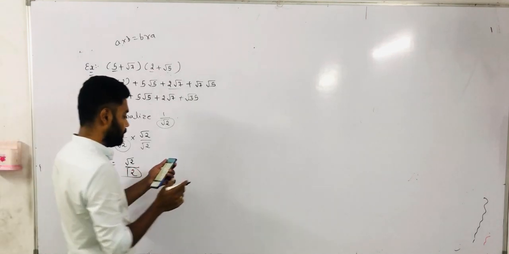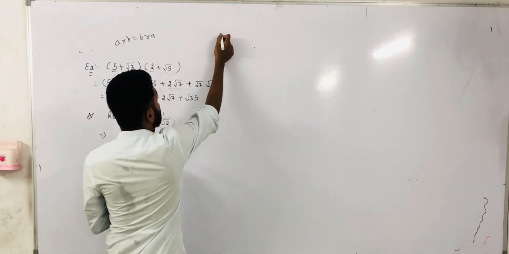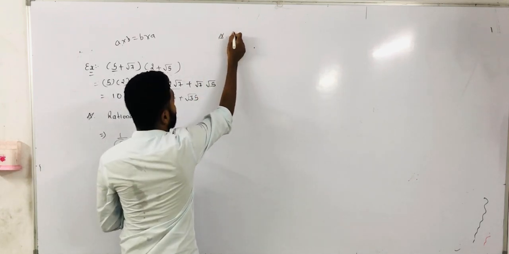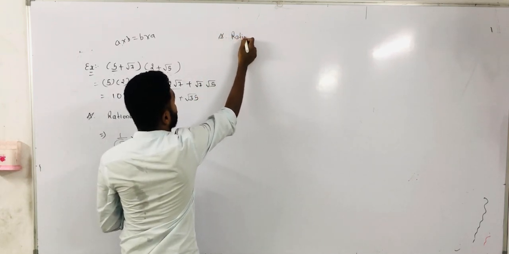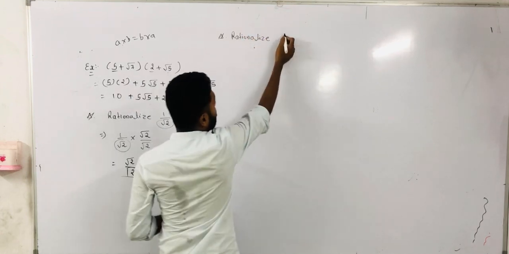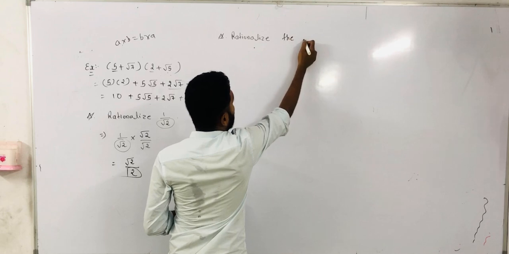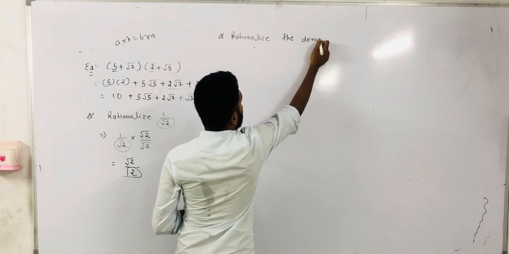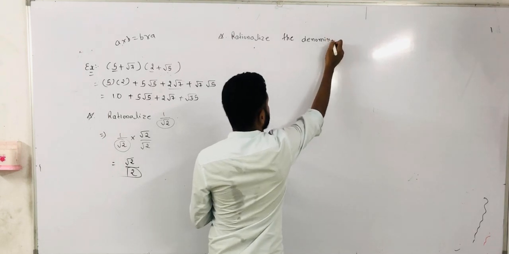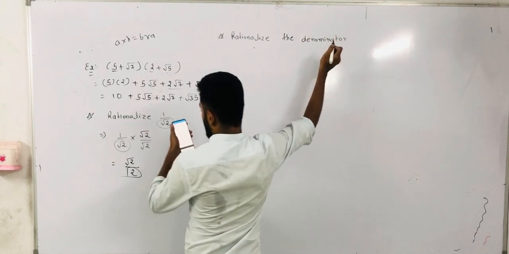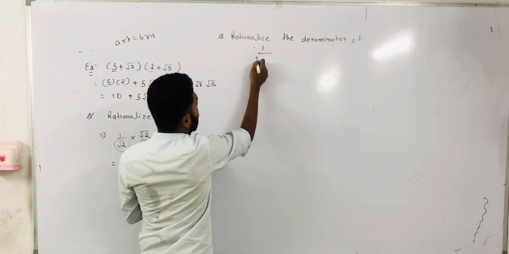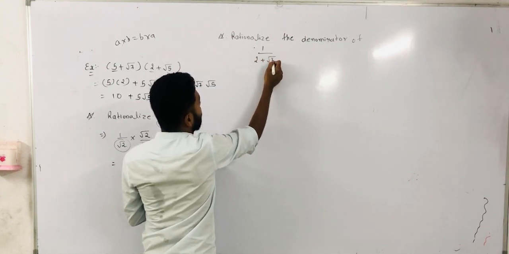The next: rationalize the denominator of 1 upon 2 plus root 3.